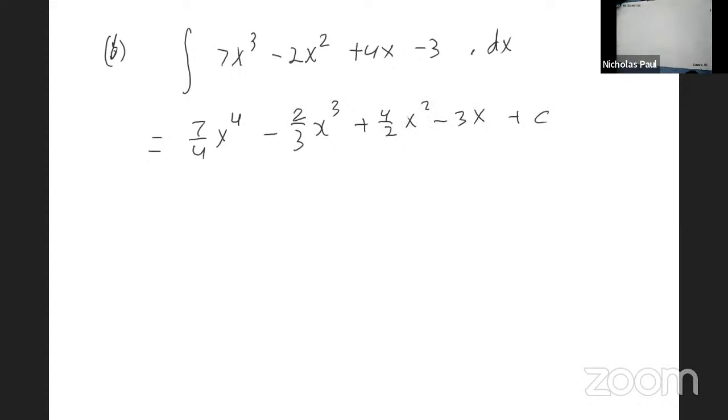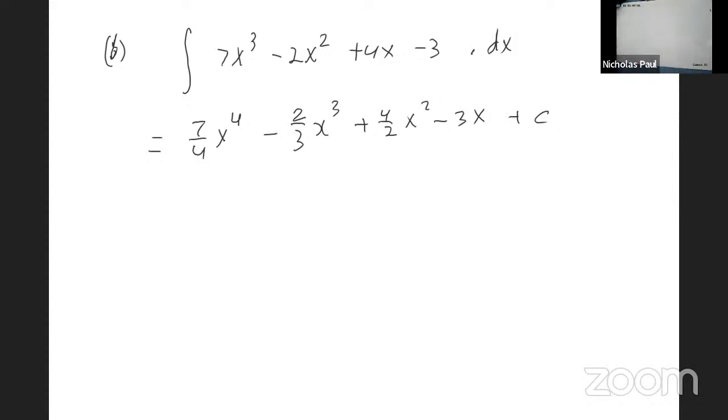Anybody got that whole thing? No? Simplify it differently. What do you have? Plus c. Should be the same one.